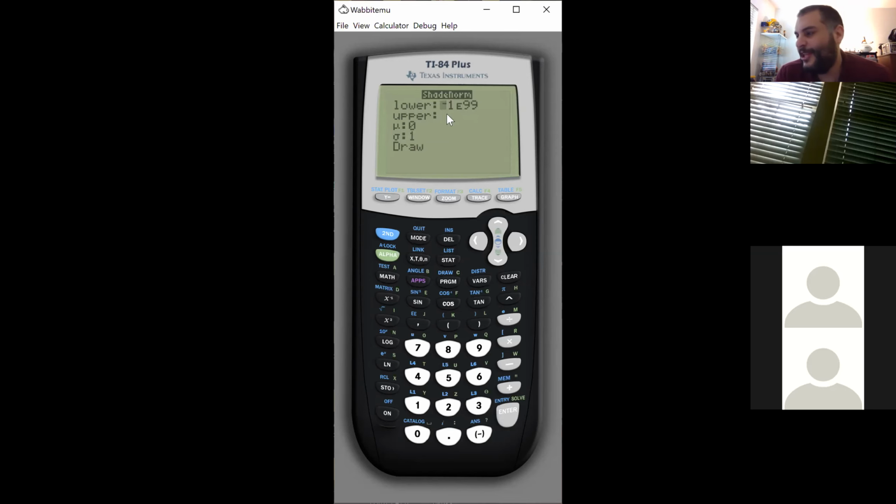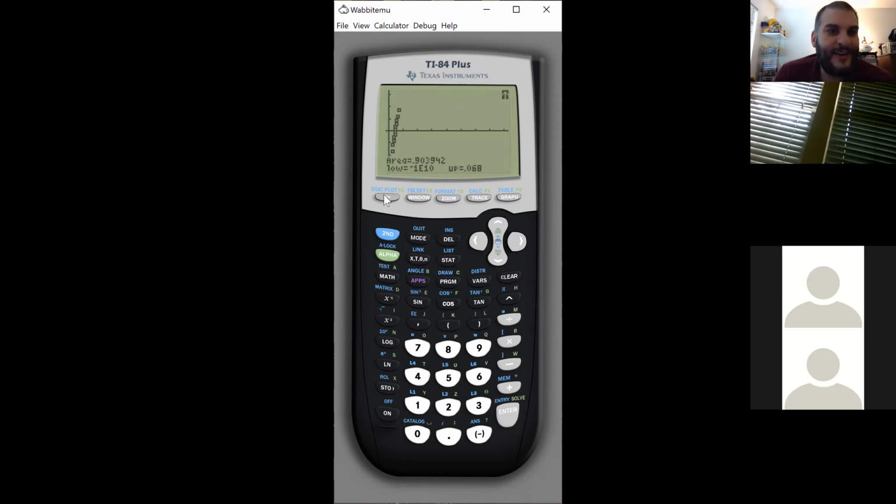We can put the lower bound, negative 10 to the 10 power, the upper bound 0.068, mu is 0.05, and sigma is 0.0138. And we go ahead and draw.